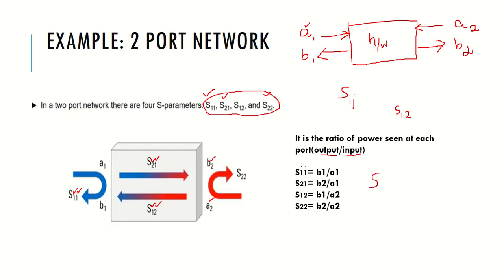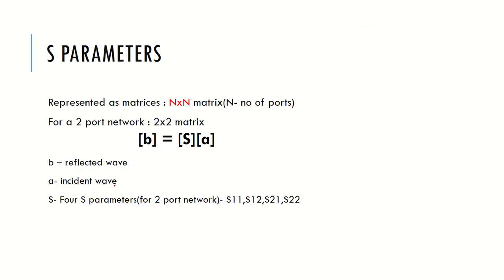So in general, S can be written as B divided by A term. Fine? Yes. So these are the important properties of S parameters we need to see. S parameters possess a lot of important properties. I'll just tell you one property among all the available properties. The S parameters are usually represented by matrices.